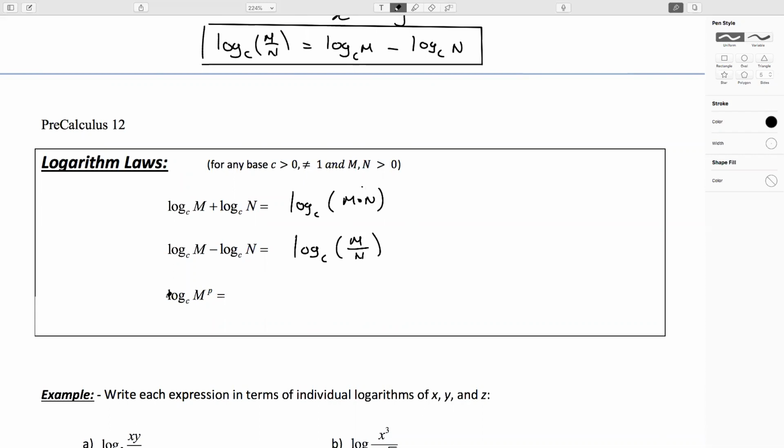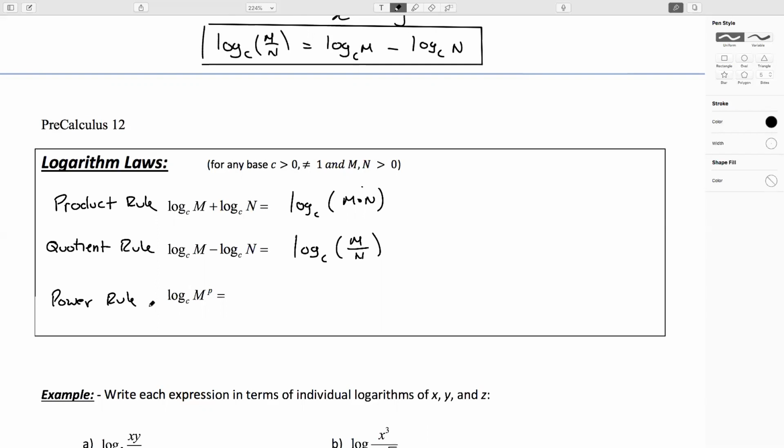And now there's this last rule, and the last rule is really the important rule. I should probably have named these. The first one I usually call the product rule. Second one, usually the quotient rule. And the last one, the power rule.